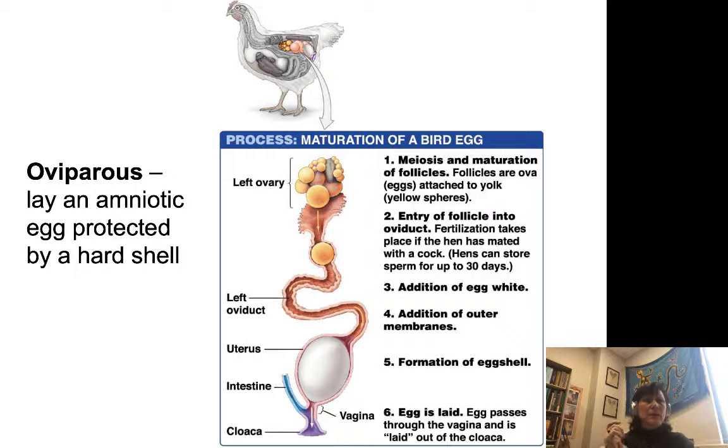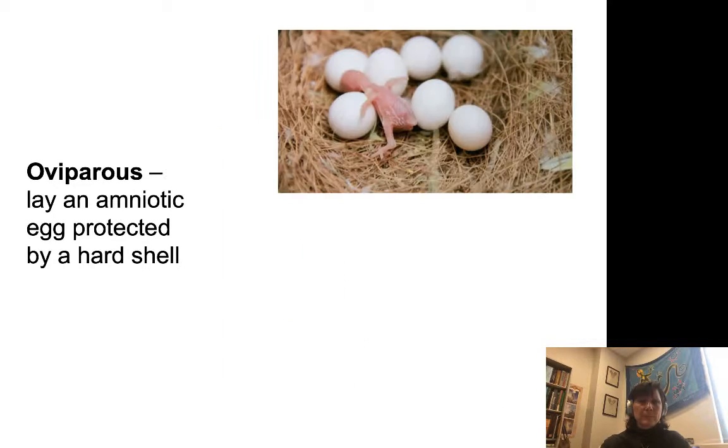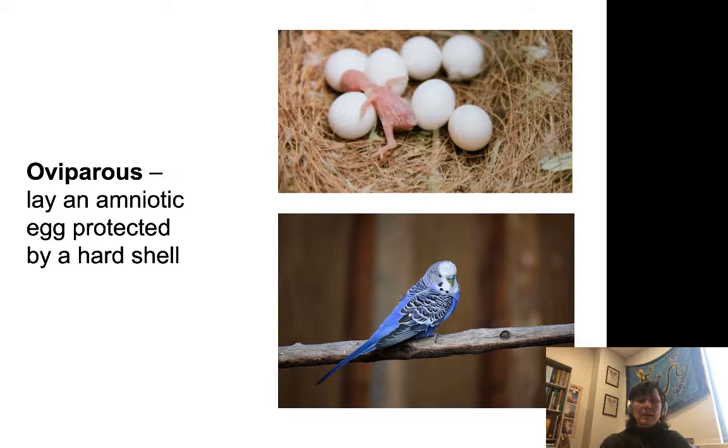They're pretty leathery, but they still protect the embryo nevertheless. So you're talking about the development of the offspring in an egg outside of the parent. That's oviparity. And here are some examples of little babies coming out of eggs. Then there's the adult.